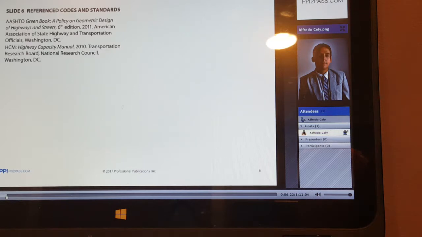However, and let me highlight this, you do not need to look up values in either the AASHTO Green Book or the Highway Capacity Manual for the breadth portion of the exam. You do not need to look up values in the Green Book or the HCM for the breadth portion of the exam.